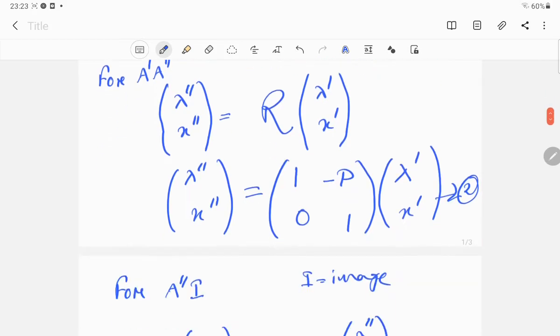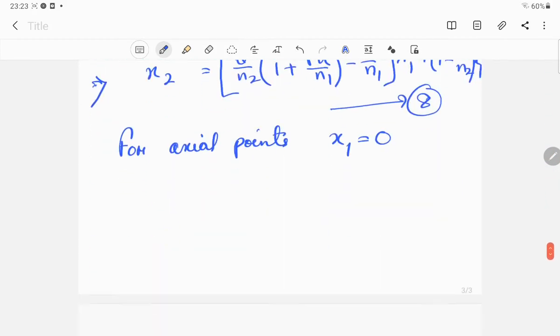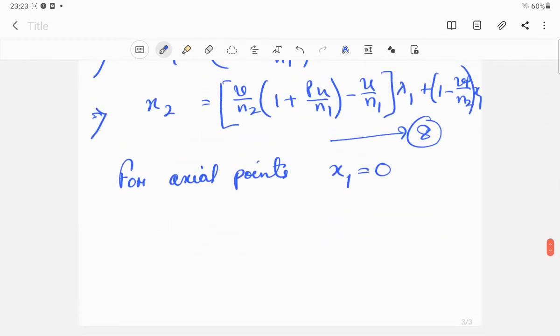Okay, so for an axial point, x1 equals 0, so it implies x2 equals 0.